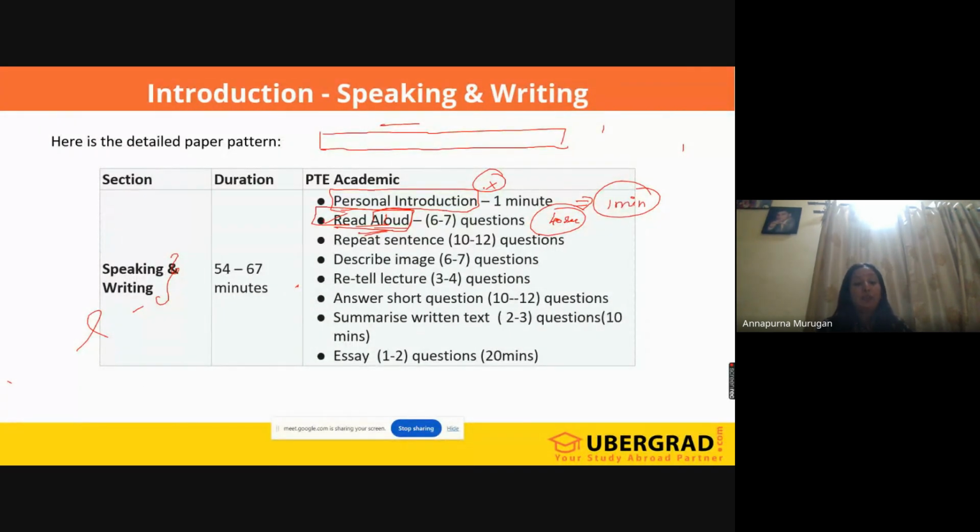Let me tell you guys, this is the place where you can get a full score. Between 6 to 7 questions they are going to ask. This is where you can easily get the scores without much effort. A little effort is required, because you need to manage the time and overcome the hurdles you will have while reading out.